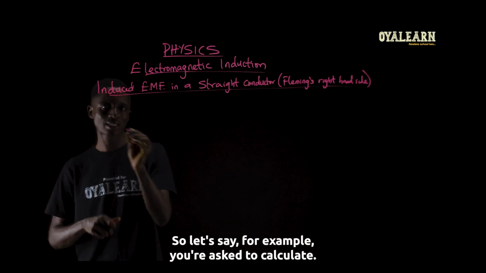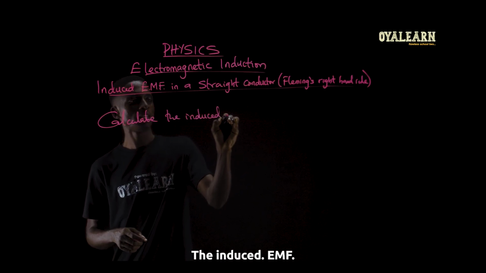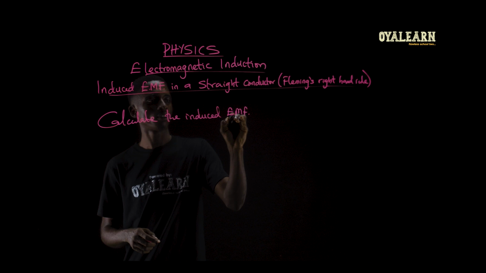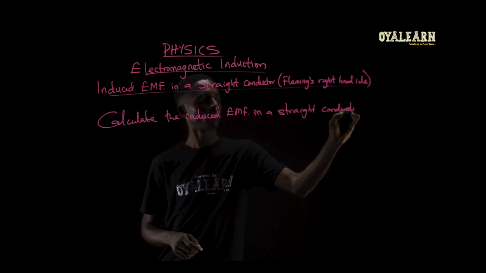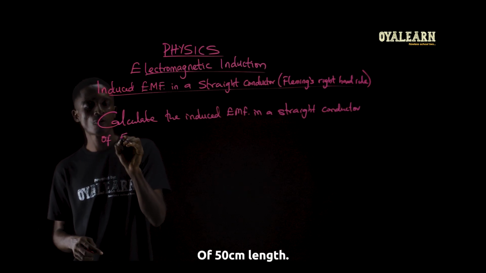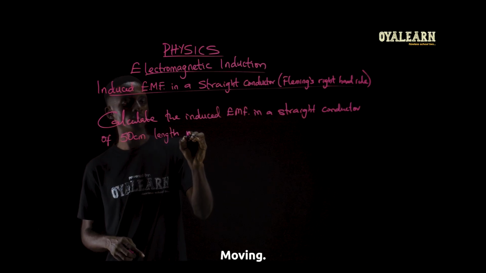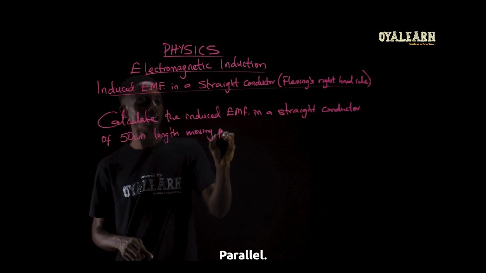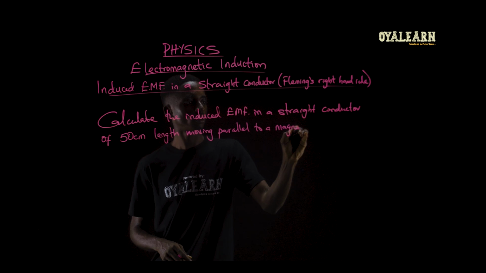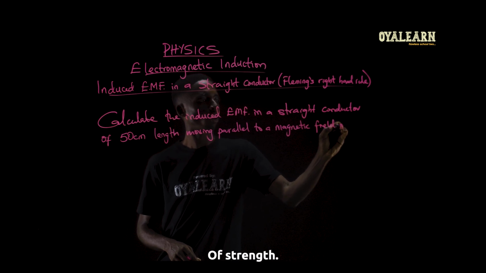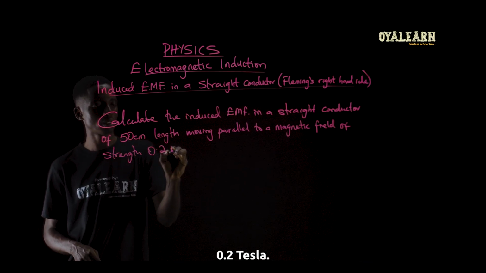So let's say, for example, you're asked to calculate the induced EMF in a straight conductor of 50 centimeters length moving parallel to a magnetic field of strength 0.2 Tesla.